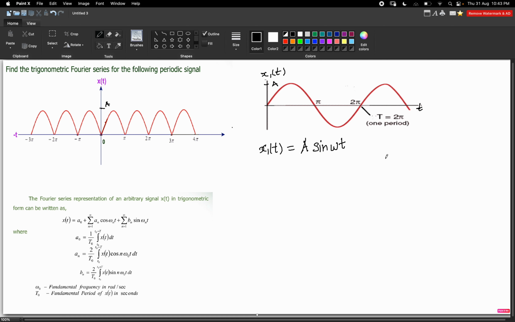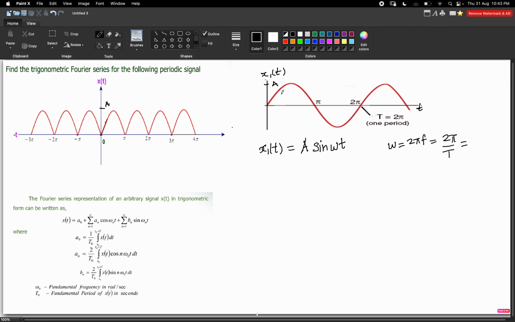So you have to find omega for this signal, and if you replace that omega here, then you will get the expression for x1 of t. What is the formula for omega? Omega equal to 2 pi f, which is equal to 2 pi divided by capital T. So T is nothing but the fundamental time period for this signal.